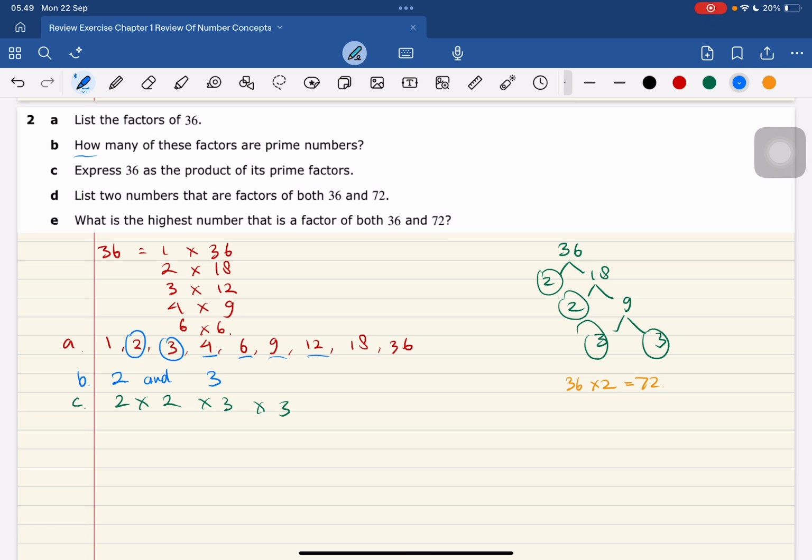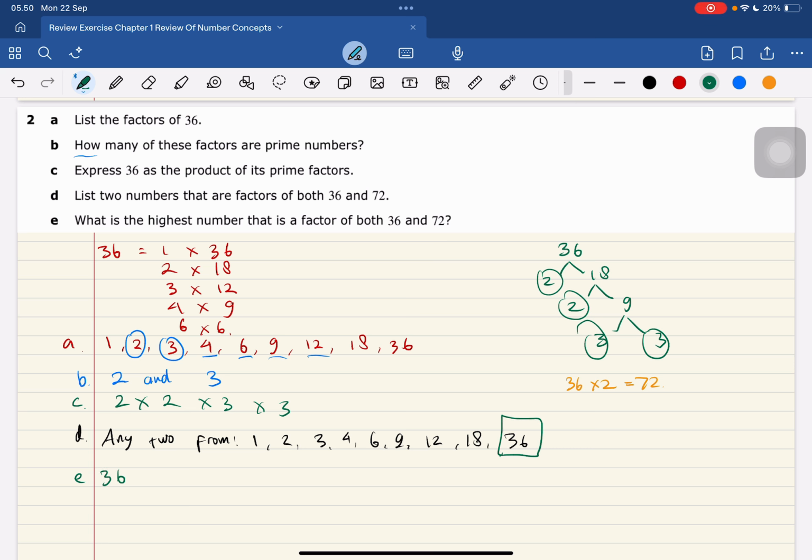So we can write here D. This is going to be any two from 1, 2, 3, 4, 6, 9, 12, 18, and 36, because we should remember that 72 is a product of 36 multiplied by 2, or a multiple of 2. Okay, and E. What is the highest number that is a factor of both 36 and 72? Okay, we got it, it is 36.